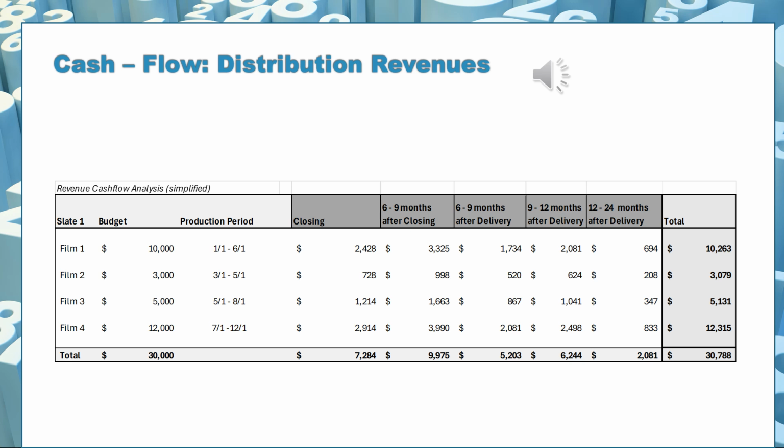And then 9 to 12 months after that will generate international revenues of $2,081,000, and the last portion of the international revenues will be given to us a year later. So we have here altogether our distribution revenues of $10,263,000 for this film, spread out basically over 24 months. And that's what we're seeing for each of the films.